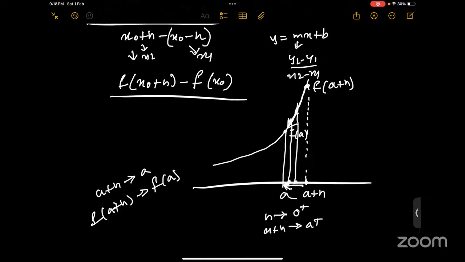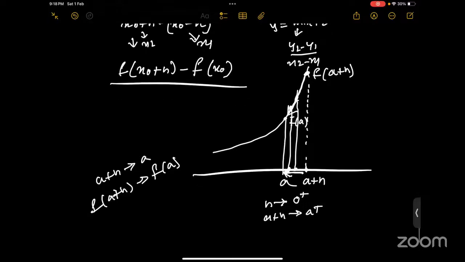So the thing is, see, the tangent line, we can calculate the equation of the tangent line, which is nothing but the line joining these two points, f of A and f of a plus h. Okay. So when h is tending to 0, the point will be very near to the point f of A. Then the tangent line will be a line which touches the graph at the point f of A. Okay.